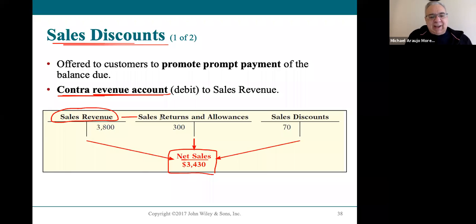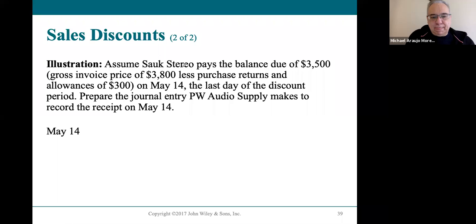They've subtracted out how much of that has been returned or granted allowance. They will also subtract out any discounts the customers have taken to get something called net sales. This is something you need to know because you're going to see the word net sales over and over again. And it's important to know how they got that. Again, sales revenue minus returns and allowances minus discounts gives you your net sales. So that's another thing you really kind of need to know.